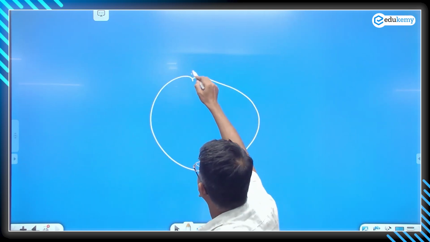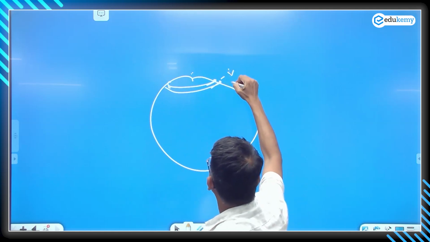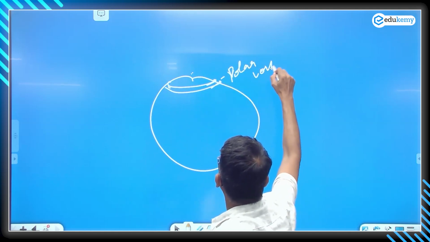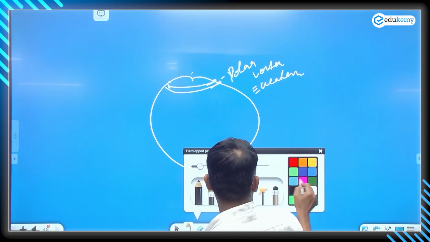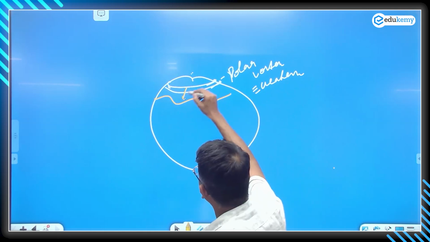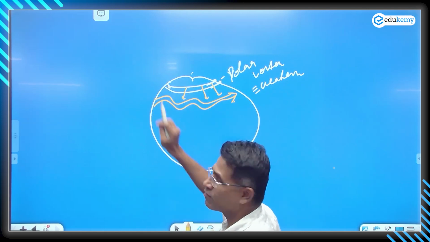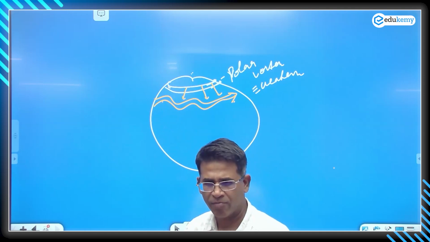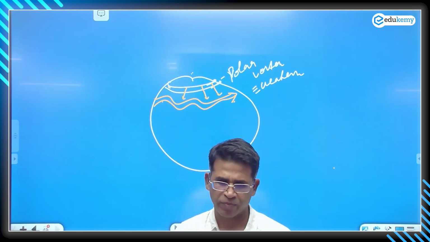So this was the polar vortex. This has weakened. What has happened is the polar vortex has now shifted tropicwards. This is the old vortex, this is the new vortex. It has shifted tropicwards. Right, next. This shifting of the polar vortex has three consequences.